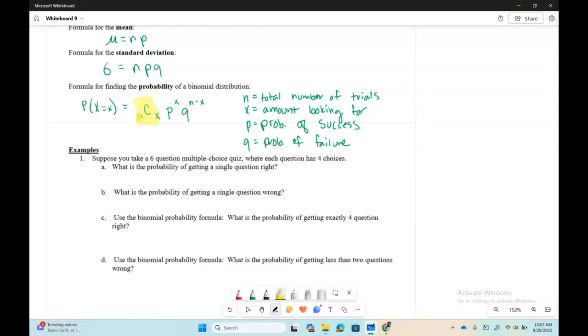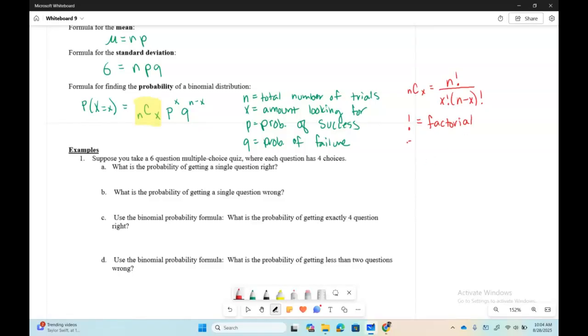This NCX is new, so let's talk about that. This means we're going to do N factorial divided by X factorial times N minus X factorial. This exclamation point is called a factorial.